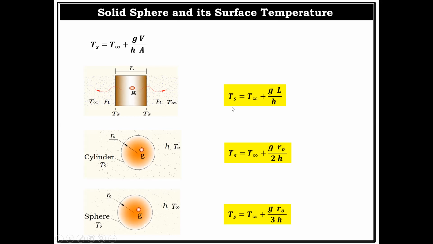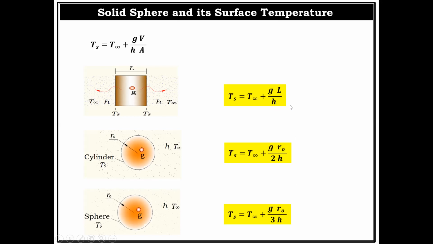So everywhere surface temperature is equal to T infinity plus G times the path upon H. What is G? Heat generation source, and L is a path. Whenever we talk about a wall, there will be a length, the thickness of the wall, so L. When we talk about a cylinder or sphere, the length is replaced by the radius, the outer radius.